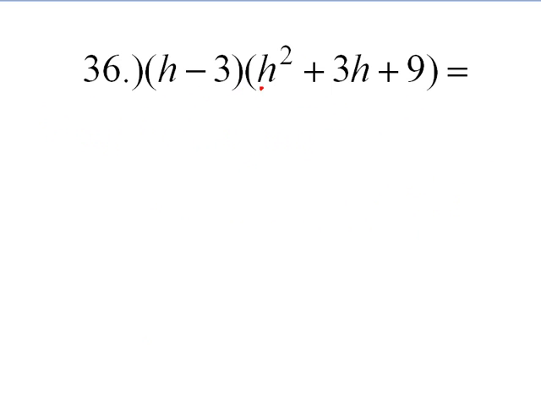H minus 3 cubed, h squared plus 3h plus 9. Okay, that simply becomes the first h cubed minus, I'm sorry, 27 would be 3 cubed, 27.